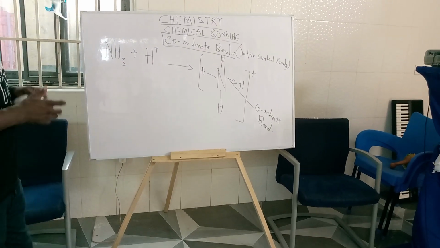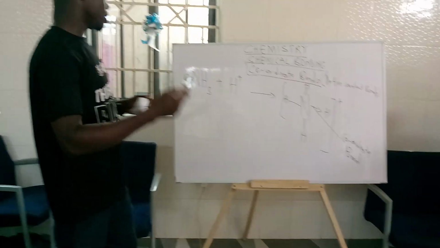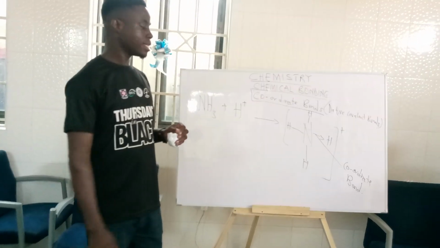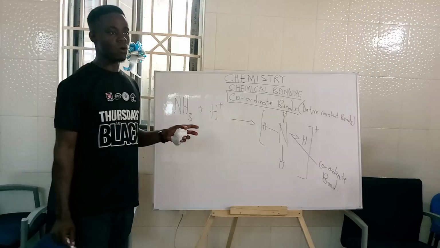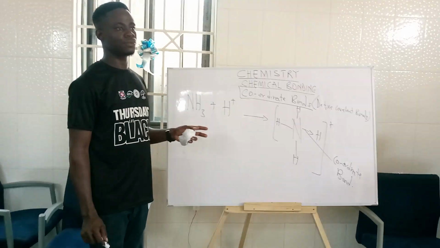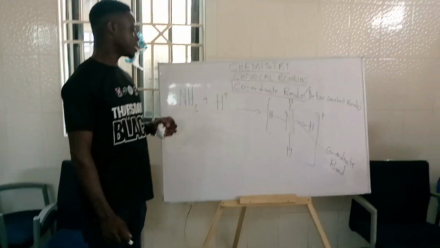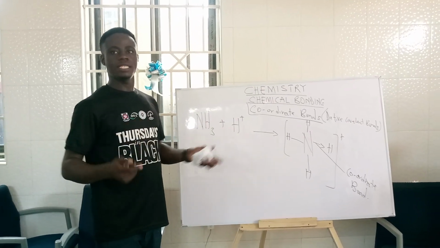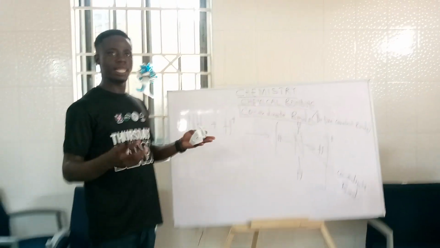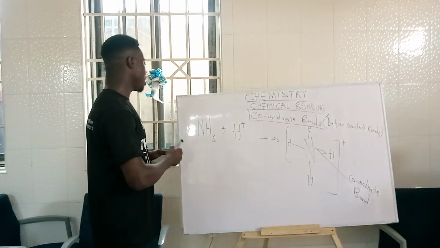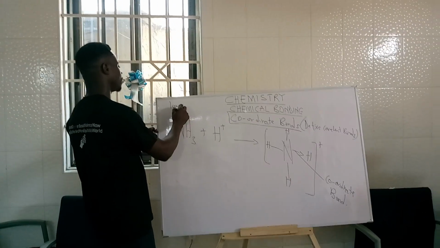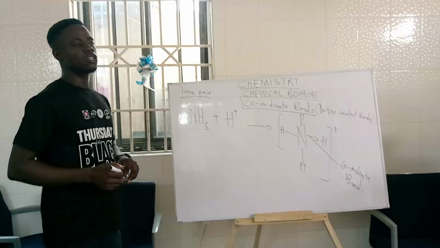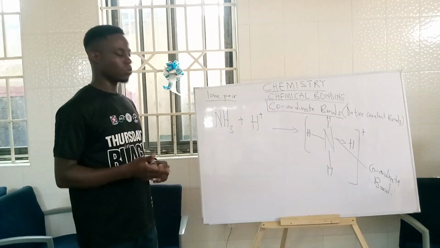Why is it called coordinate bond or dative? The reason is there are some conditions that must be considered anytime there is formation of dative covalent bonds. One of the conditions is that for dative covalent bond to occur, one of the species should have a lone pair electron.